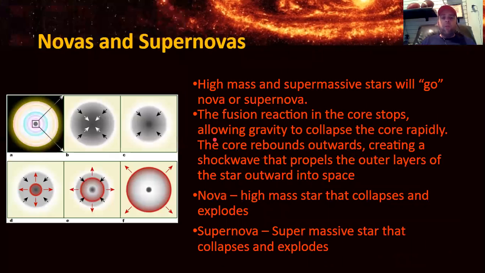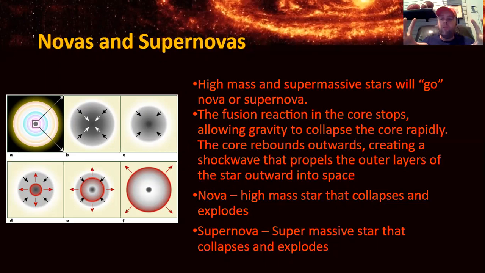But in high mass stars, something very interesting will happen. So these are stars with much more mass than the sun. In a main sequence star, that balance of gravity and fusion is maintained. When the core of a supermassive star, or a high mass star, runs out of that material and gravity crunches the core down, it can create a shock wave.